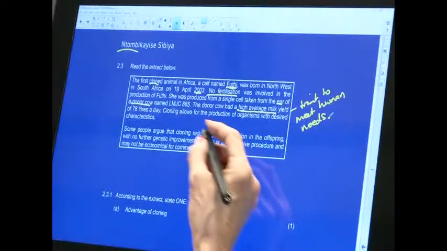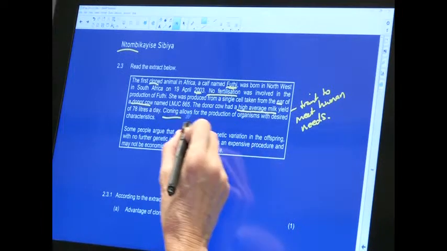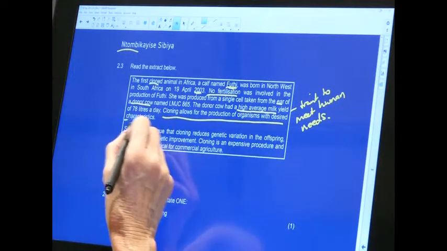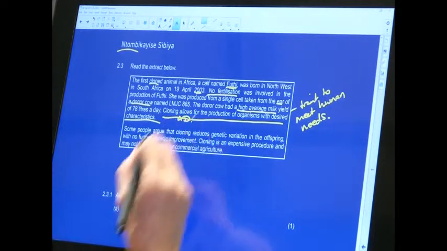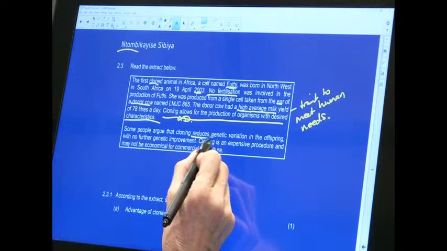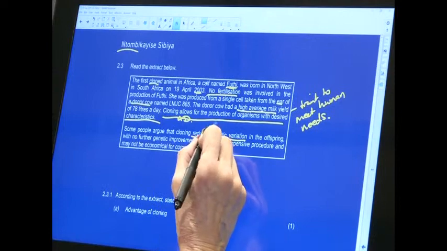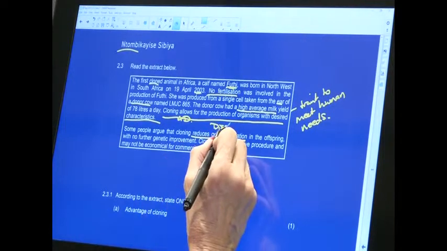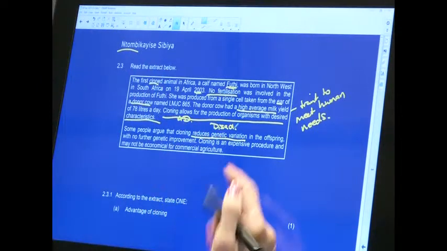Cloning allows for the production of organisms with desired characteristics. That would be an advantage. Some people argue that cloning reduces genetic variation. We don't have to argue, it does. So this would be a disadvantage, and you must know at least 2 advantages and 2 disadvantages of cloning.